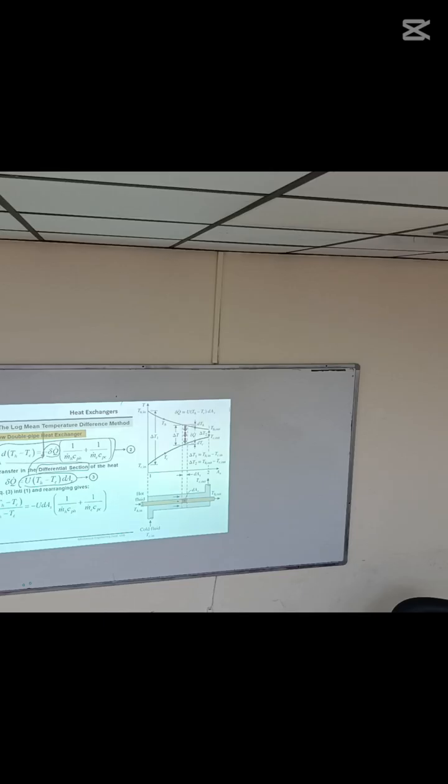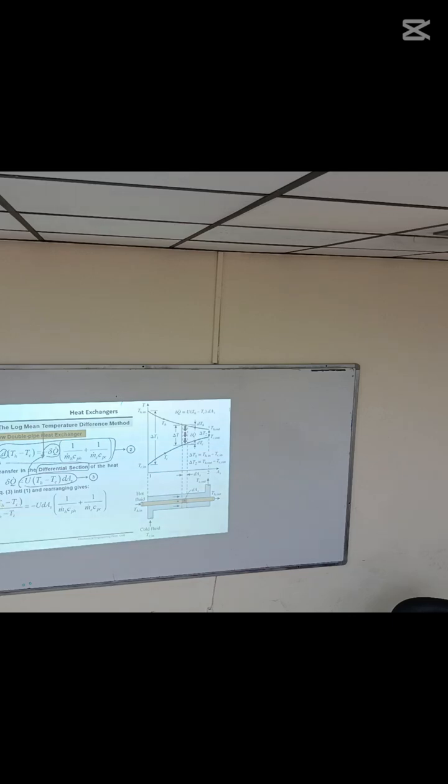What is the d? Differential change. D represents differential change of the hot fluid temperature and differential change of the cold fluid temperature. The hot fluid temperature is changing from here to here, the cold fluid temperature is changing from here to here. Now you put it here, and you can separate and integrate.